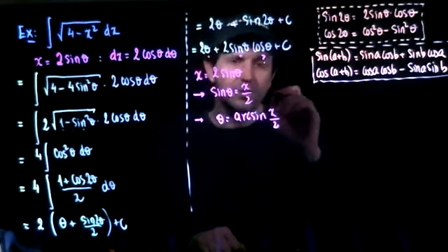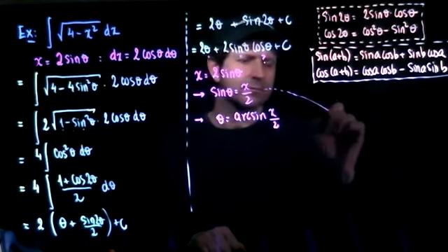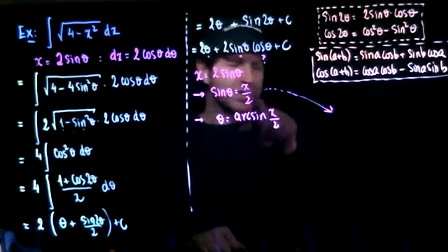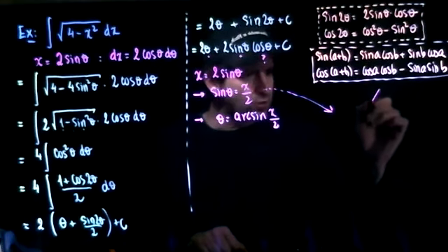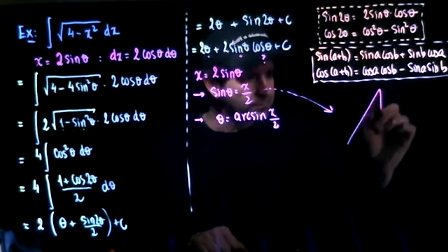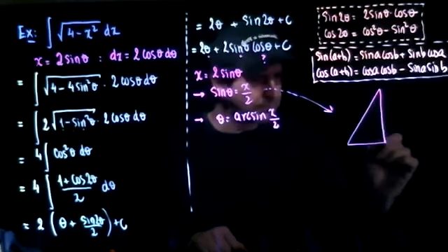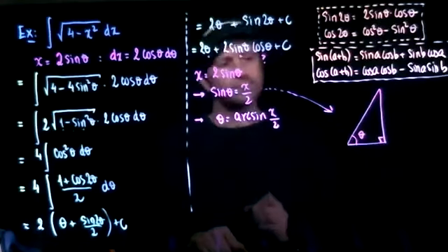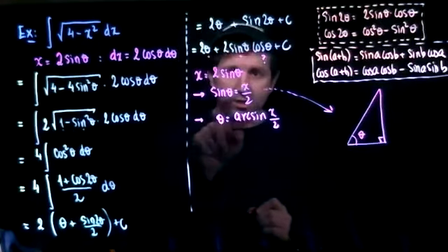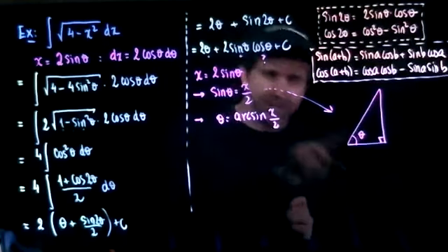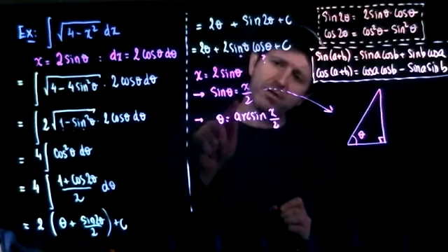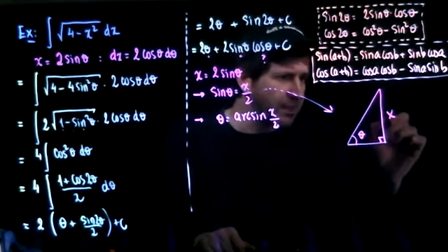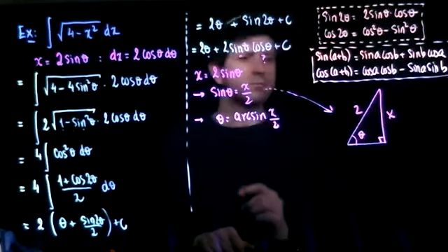Okay, let's do it more elegantly. So sine theta is x over 2. It means that if I had a triangle with a 90-degree angle here and an angle theta here, and the sine theta is x over 2, well, you know that sine theta is opposite over hypotenuse. So if the opposite is x, the hypotenuse is 2.